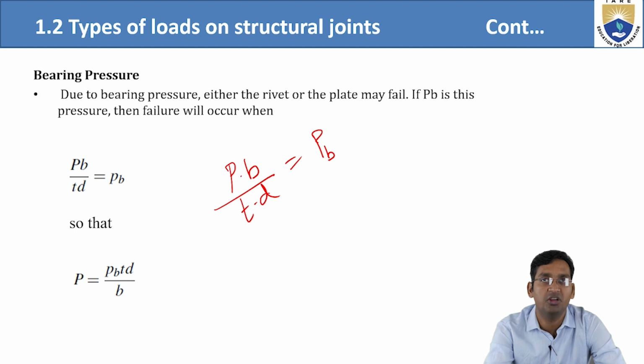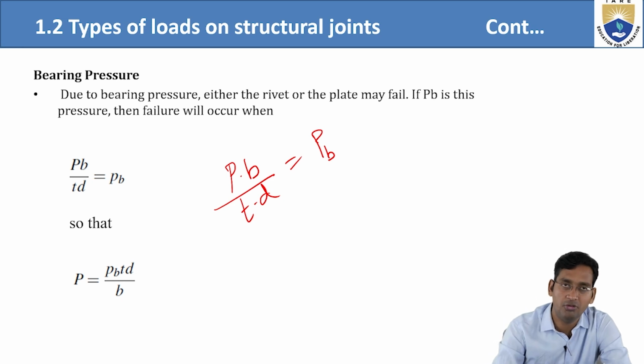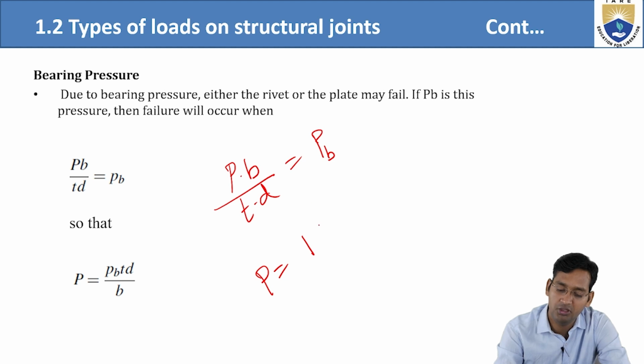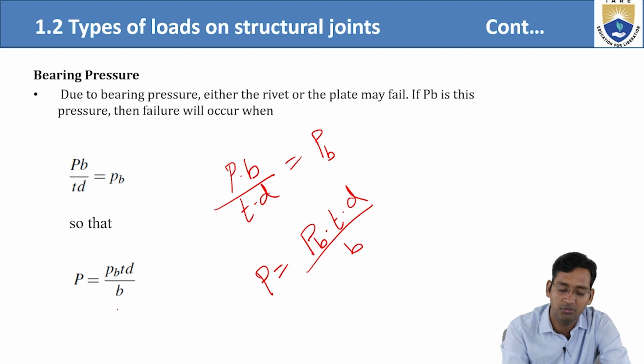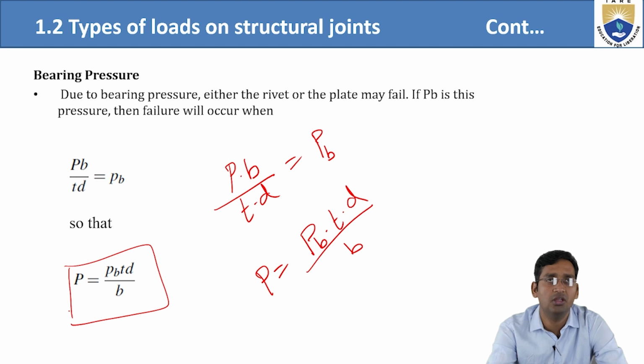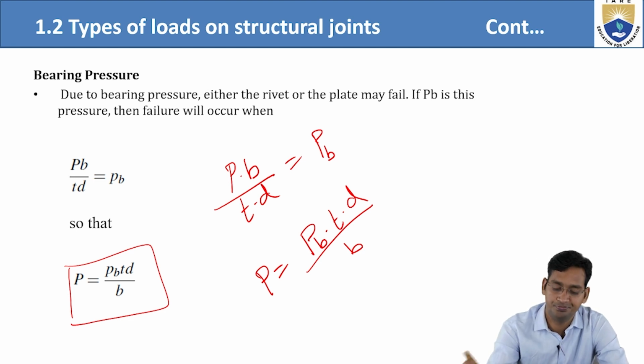PB is this pressure because of which it fails. So from here we can say that P equals PB into T into D by B. So that will be the bearing pressure.